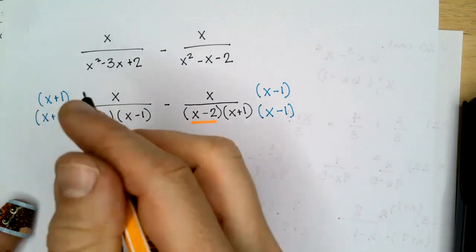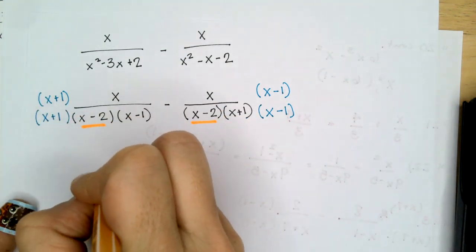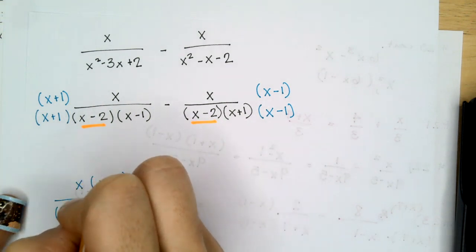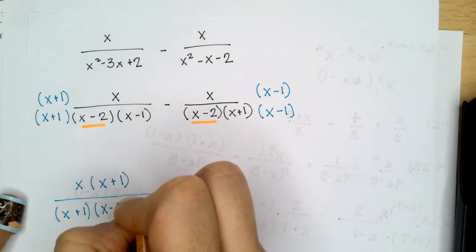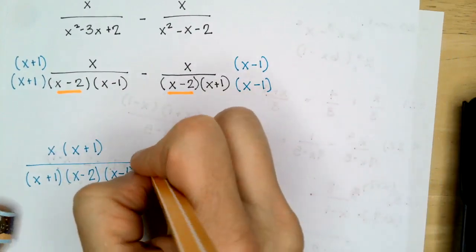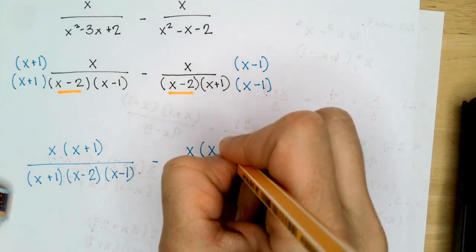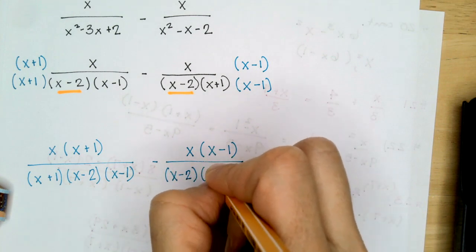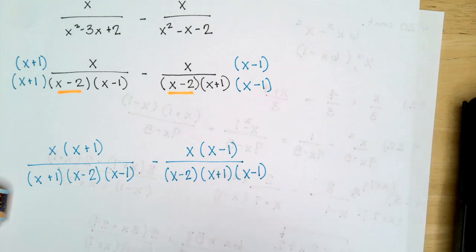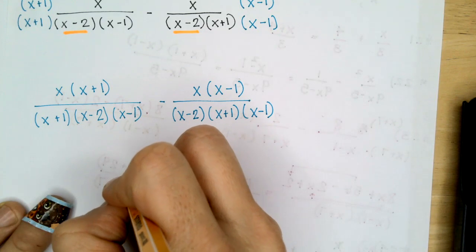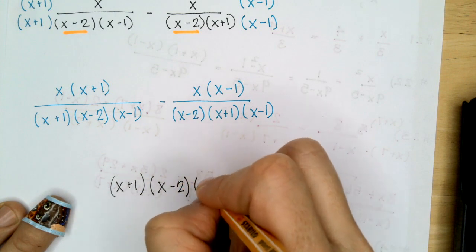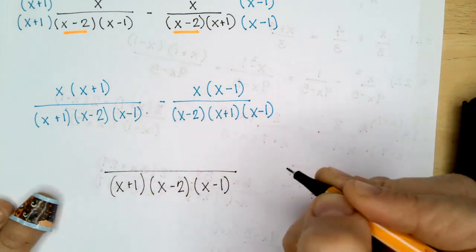Good? x times (x plus 1) over (x plus 1)(x minus 2)(x minus 1) minus x times (x minus 1) over (x minus 2)(x plus 1)(x minus 1). Right? Now I have the common denominator I was looking for, and we're going to leave it in factored form, so we're done with the bottom. (x plus 1)(x minus 2)(x minus 1) is our denominator.